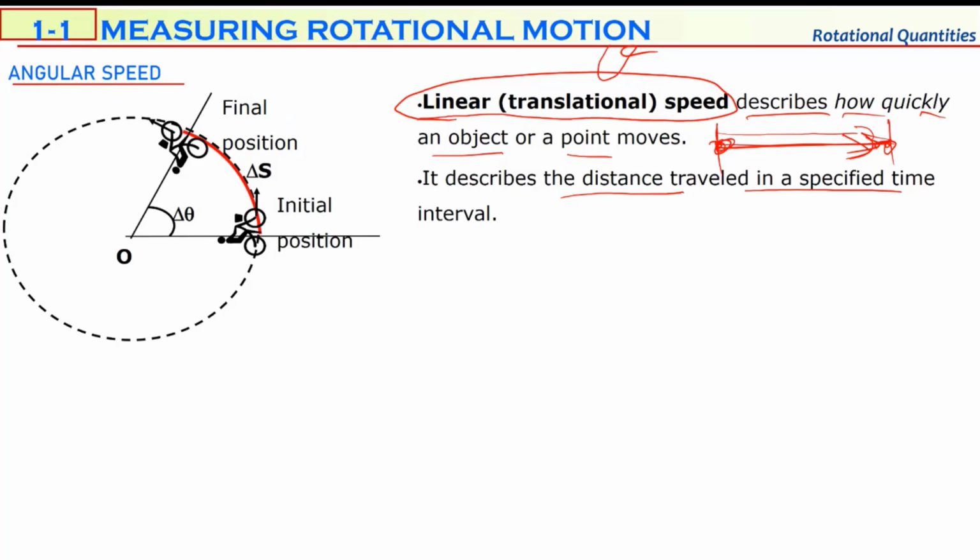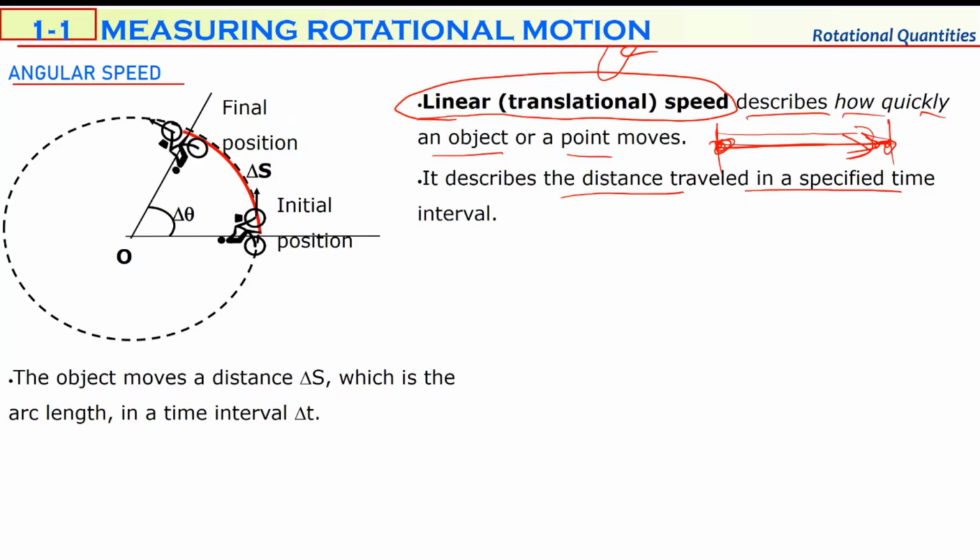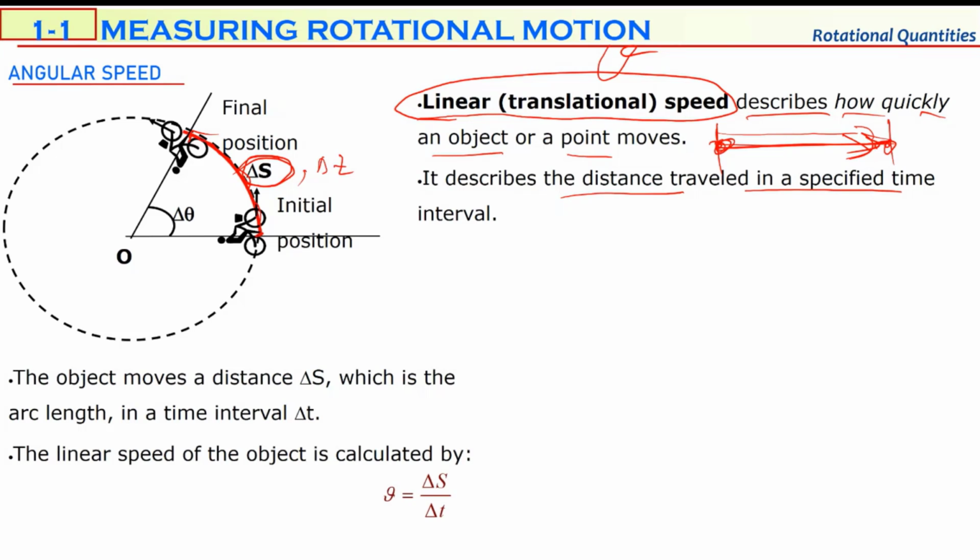In the 11th grade, you defined that this bicycle is moving from here to there and travels a distance equal to the arc length delta s in a time interval of delta t. You can find its speed by the equation delta s over delta t.